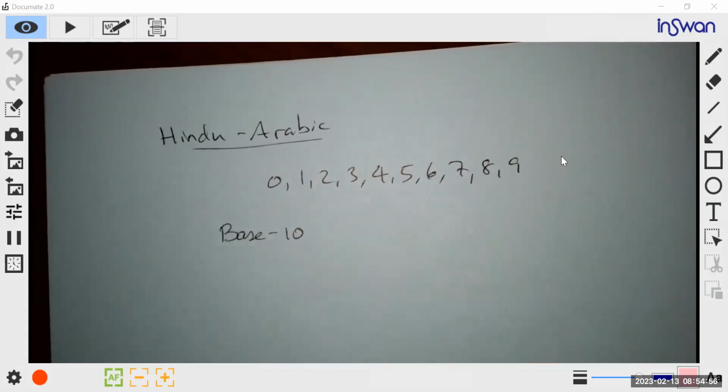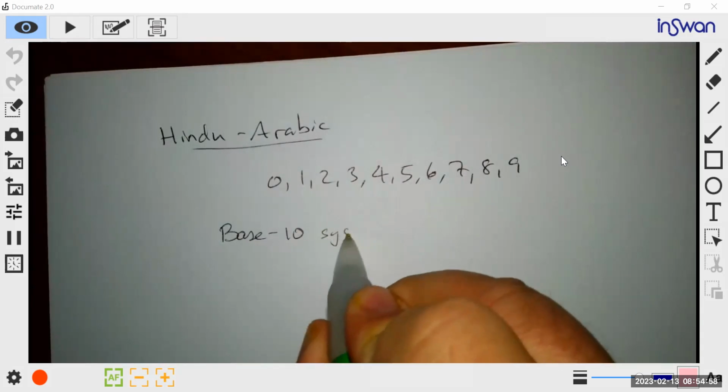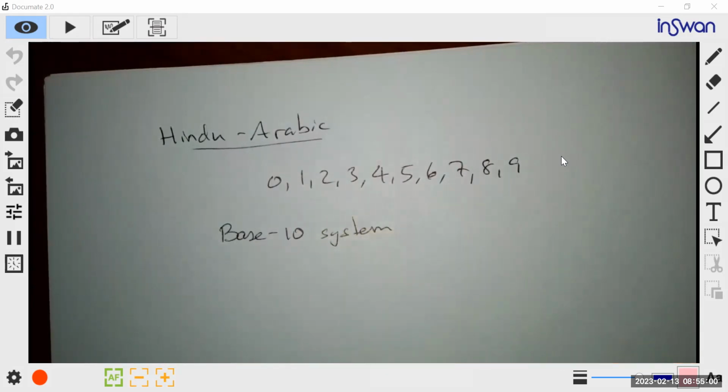It's a base 10 system. What does base 10 system mean? Basically, a base system tells us how many numbers before you go to the next level of numbers. What does that mean?